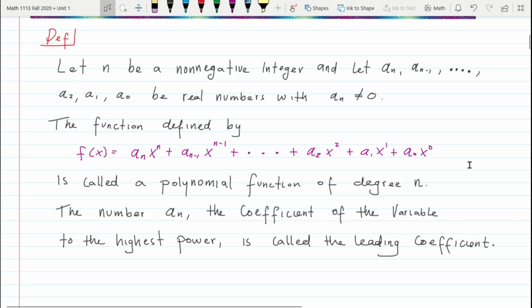Okay, so this is called a polynomial. It's just a general representation for a polynomial function of degree n. And the number a sub n, the number at the very beginning, is the coefficient of the variable with the highest power. Okay, this has the name the leading coefficient.